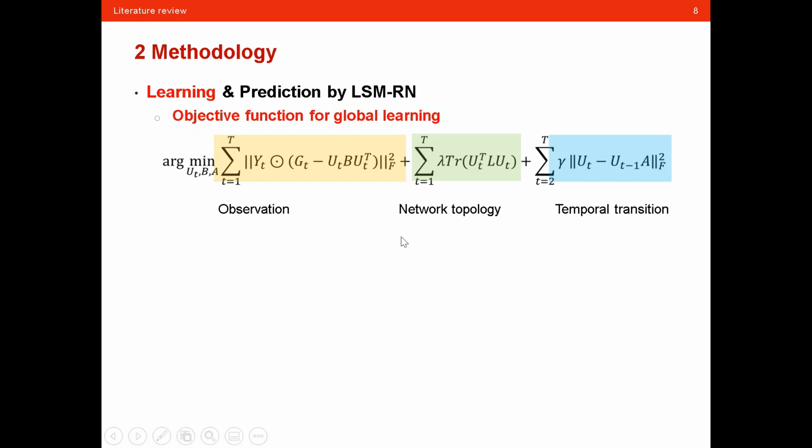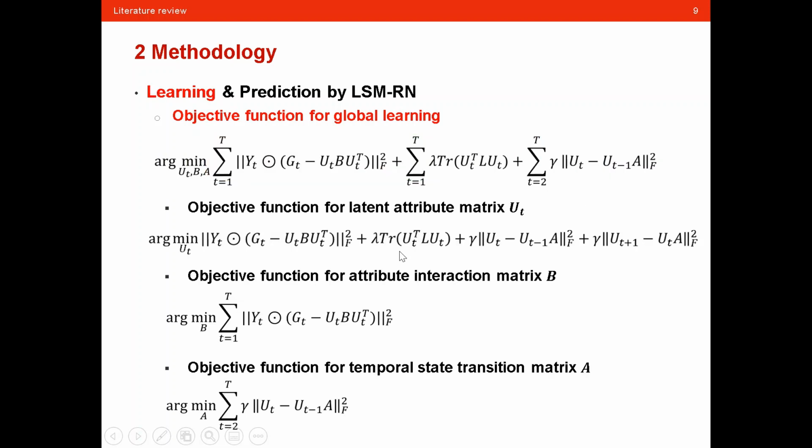The problem mainly includes three kinds of parameters: the latent attribute matrix, the attribute interaction matrix, and the temporal state transition matrix. These three kinds of parameters will be updated iteratively according to the paper. More straightforwardly, to update each parameter, we just focus on the corresponding subproblem, because at this time the other parameters will be fixed.